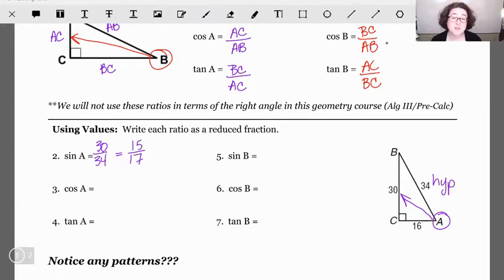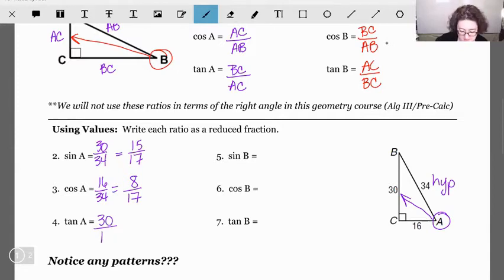Okay, cosine, adjacent over hypotenuse. What's our adjacent side? 16. Hypotenuse is still 34, and again, both of those are even numbers, so reducing that down, I get 8 over 17. Tangent, opposite over adjacent. So opposite side was 30. Adjacent side was 16.